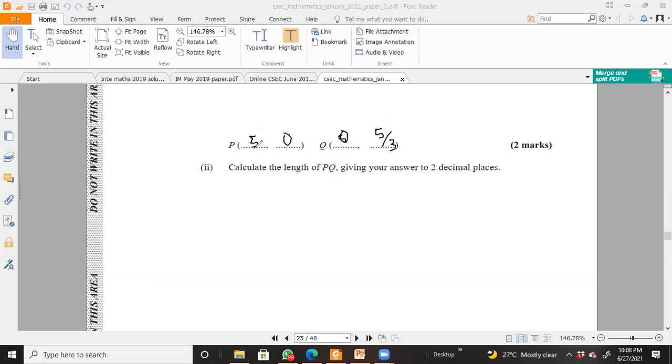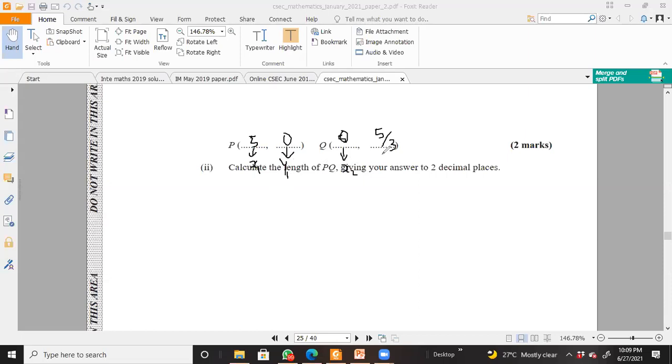So this will represent your x1, and this one represents your x what? X2. So this is x1, y1. X2, y2.